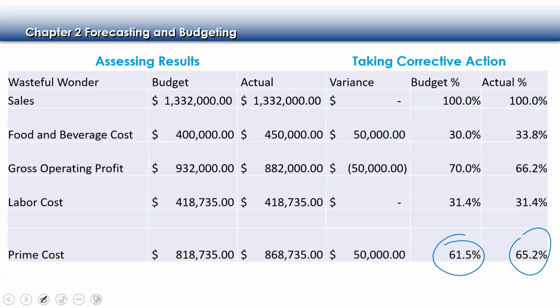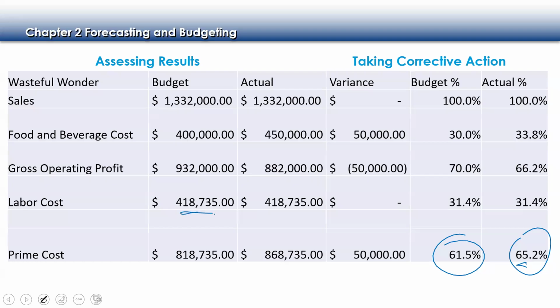Okay. And so as managers, you have to become detectives. We'll talk about this in chapter 7, 8. You have to become a detective. Why is my prime cost 65%? Well, let's look at prime cost. Prime cost, remember, is food and beverage and labor, right?